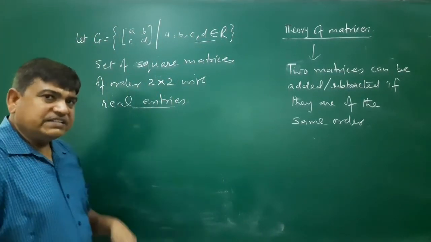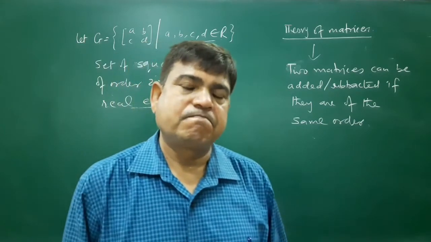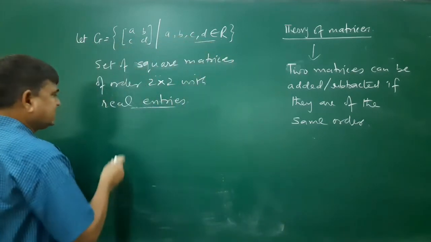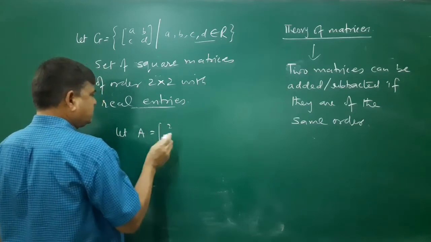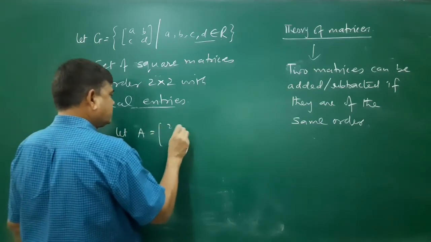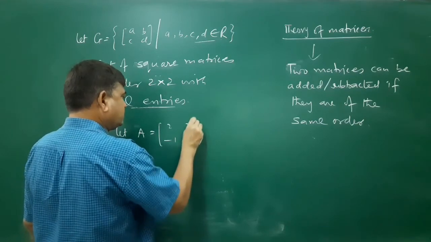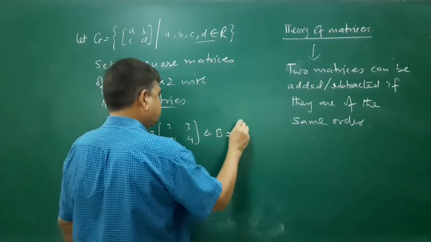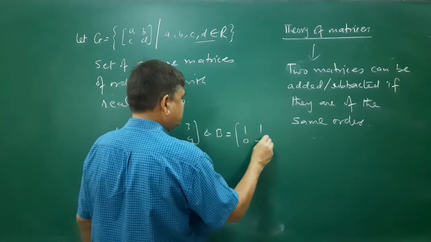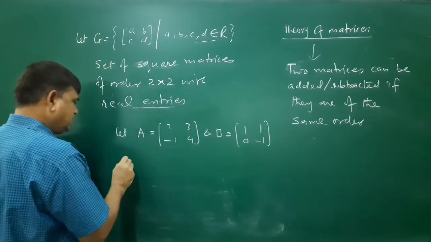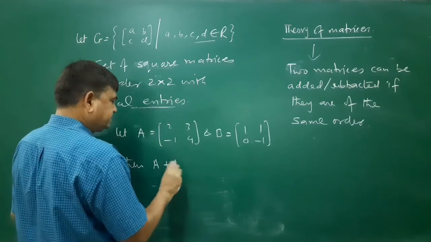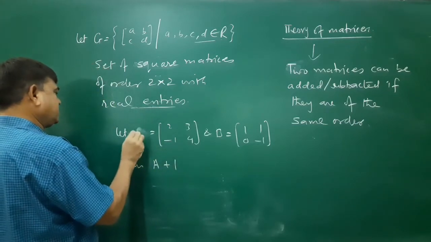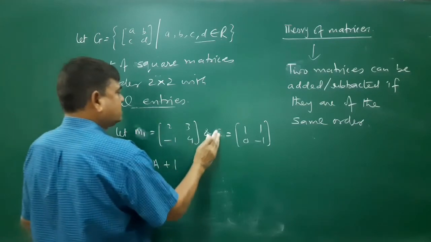Now we can add two matrices. So let A, suppose I say [2, 3; minus 1, 4], and B another matrix, suppose [1, 1; 0, minus 1]. Then find A plus B, or better to write M1 and here is M2.